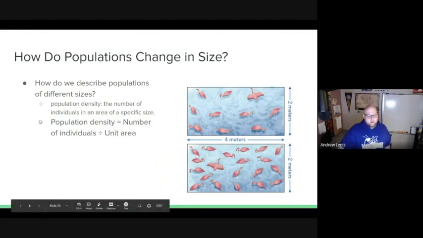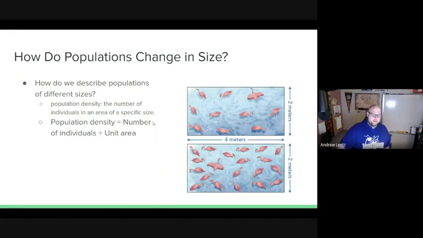And there's a mathematical formula that we can use to find what that density is. Number of individuals, in this case, we have 10 flamingos, divided by a specific area. Well, the area of this rectangle is 8 meters. 10 divided by 8, I have a population density of 1.25 flamingos, about 1 flamingo per meter right here, okay?